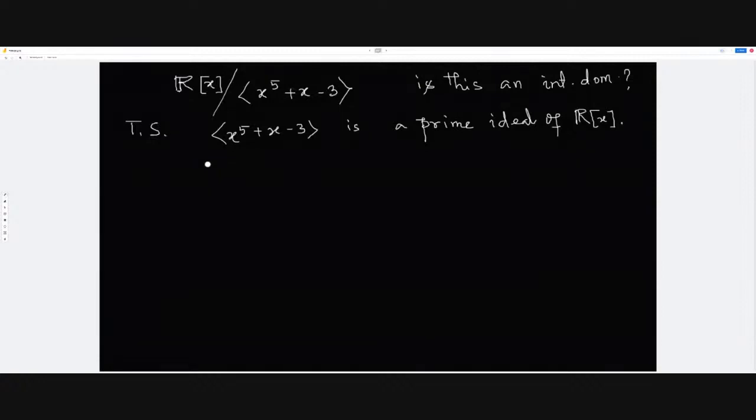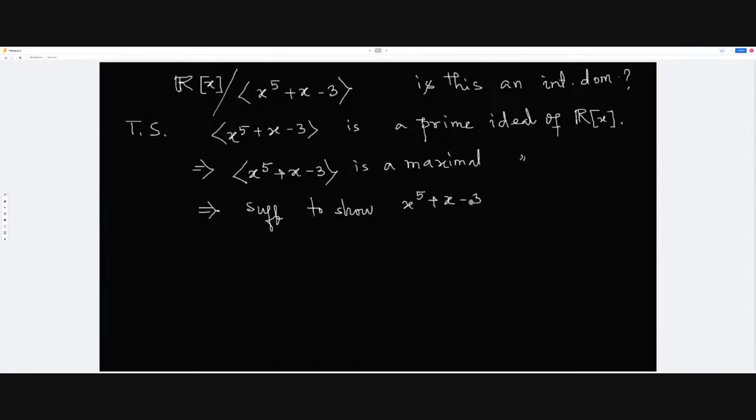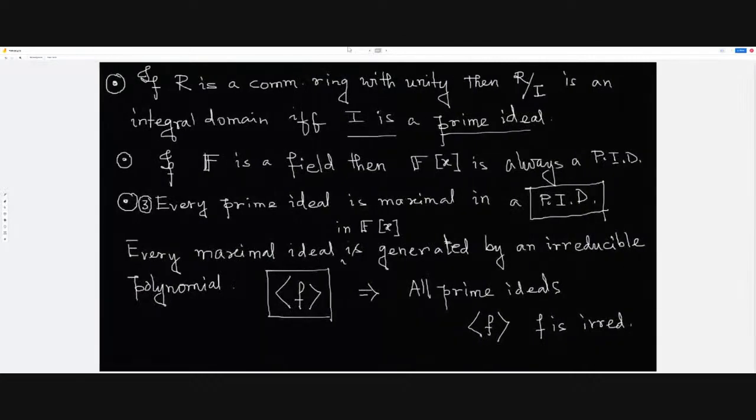That means what we need to show is that the ideal generated by x to the power 5 plus x minus 3 is a maximal ideal, which implies that it is sufficient to show x to the power 5 plus x minus 3 is irreducible. This is what we can have step by step if I am following through the steps in the first slide.